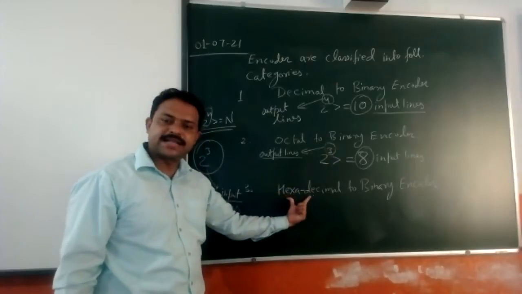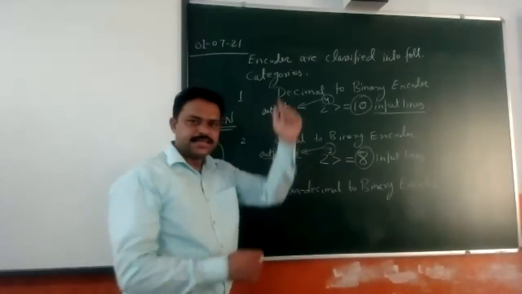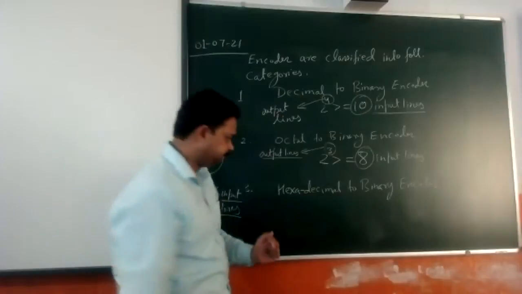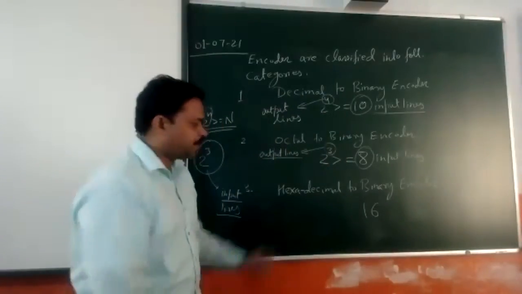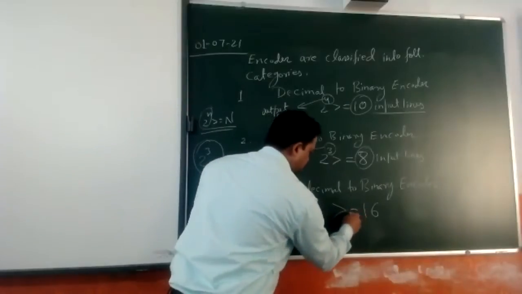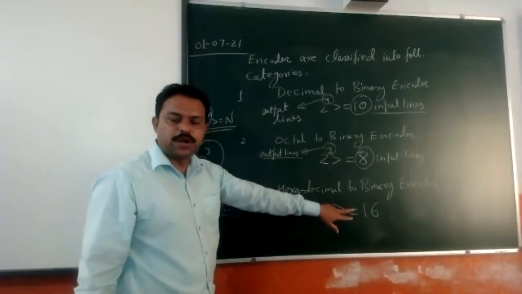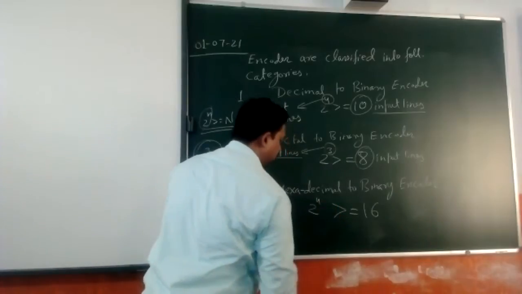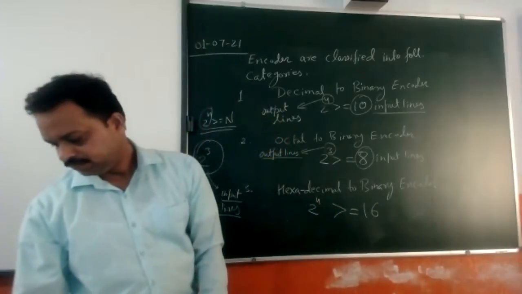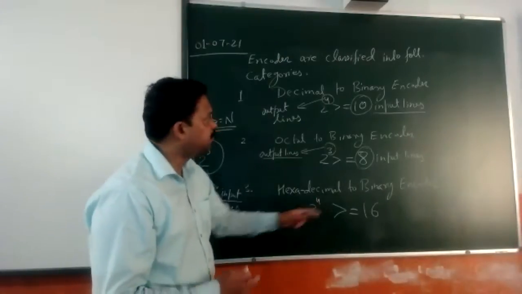Can you tell me for the hexadecimal? 16 symbols are there. What can you write for this? Equal to is possible: 2 raised to power 4.